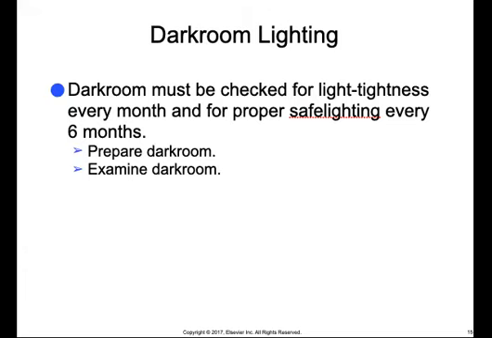To check for this, we'll want to first prepare the darkroom. We'll do this by closing the darkroom door and turning off all the lights, including the safe light. Next, we'll examine the darkroom. Once your eyes become adjusted to the dark, you'll want to observe areas around the door to check for any leaks.